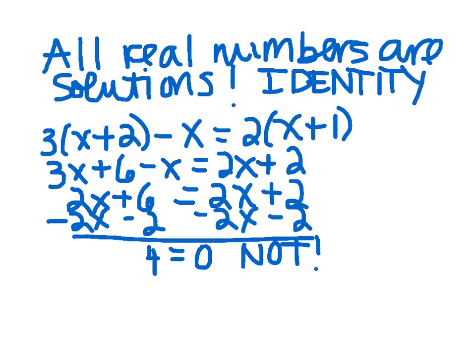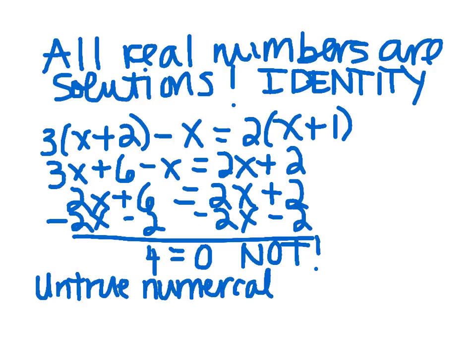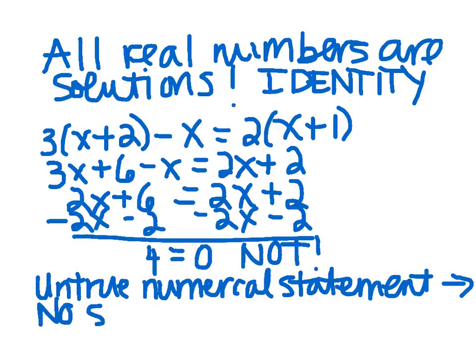If all of the variables cancel out and you get an untrue numerical statement, meaning there are no variables involved, what that means is that there is no solution. There is no number I can plug in that would make this true.